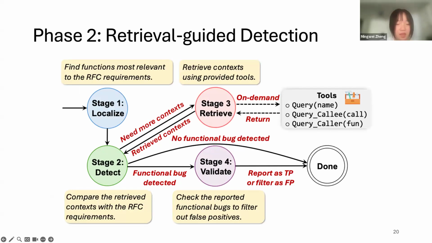So here, the stage 4 validation has an additional LLM agent to check the reported bugs and also the reasoning process, to check whether it is a true bug or not. In this phase, we don't ask humans to be involved in the retrieval-guided detection.